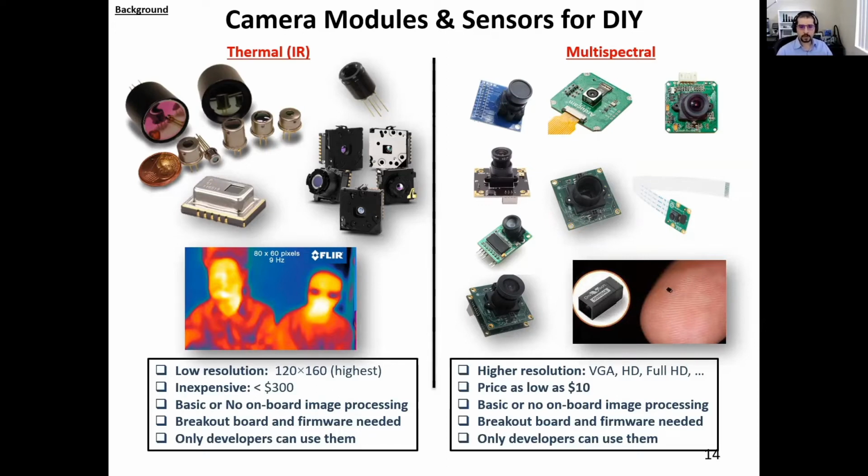So they usually have high resolution compared to thermal modules, but not as high as a lot of those commercially available multispectral cameras. Again, the price can be really low. Again, they come with basic or no onboard image processing. Some of them might have more extensive image processing algorithms on board. And again, you need a breakout board, and you need to develop your own firmware to be able to capture images and use them. And only hardware developers can use them.